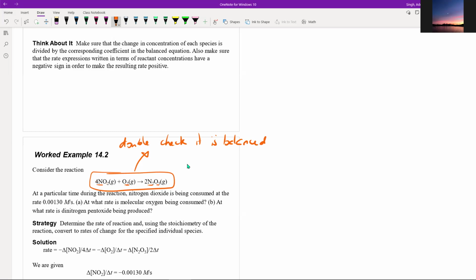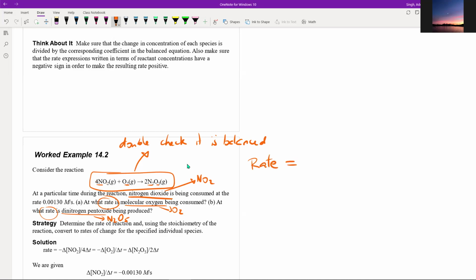So first of all, nitrogen dioxide, that's the NO2, molecular oxygen, that's O2, and then dinitrogen pentoxide, that's N2O5, right? So we know what species we're trying to relate in this equation. So we need to determine rates.